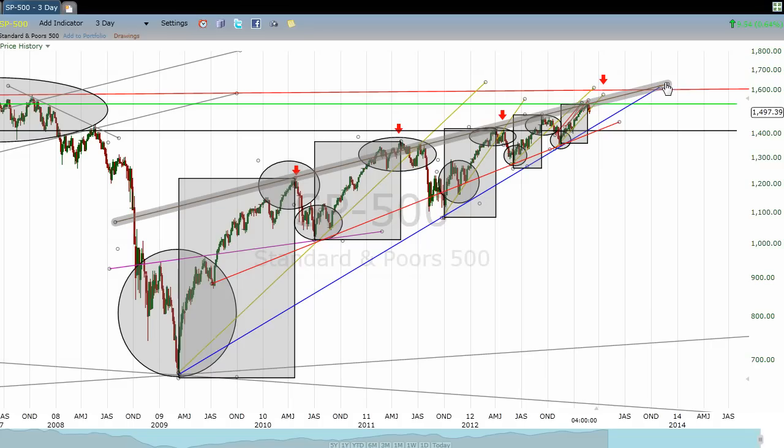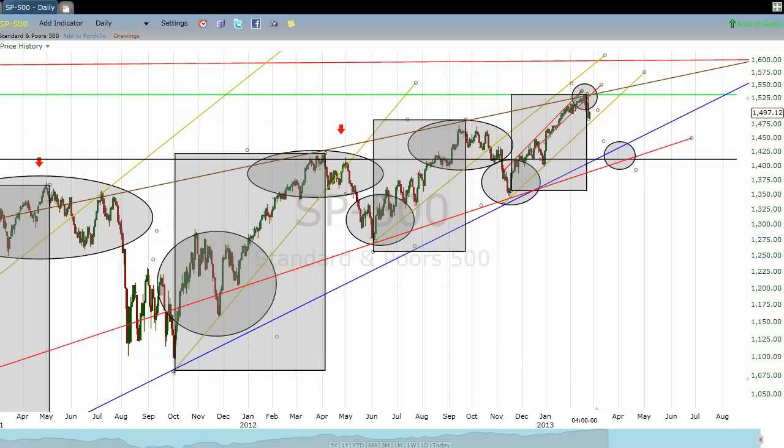If that continues to hold true, then we have what should be a theoretical limit on how high this market can get. That would be the apex of these 2 lines, which is just a hair over 1600. So let's take now a closer look.